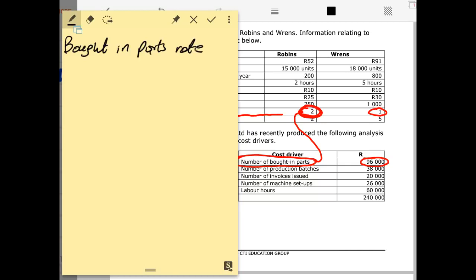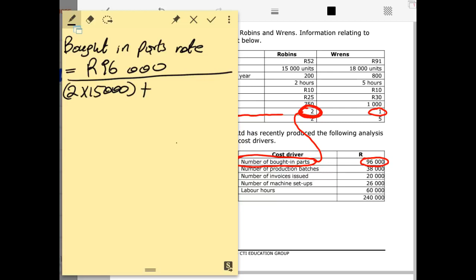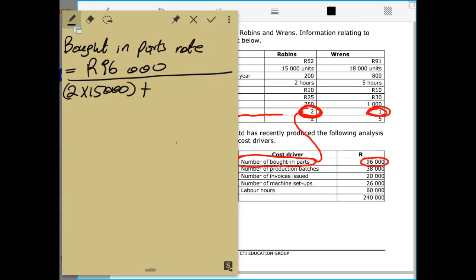We know that to calculate the rate for the overhead, you take the overhead in total, which is 96,000, and divide by the cost driver or base. In this case we have 2 times 15,000, plus the bought in parts for Ren, which is 1 part per unit, and we manufactured and sold 18,000 units.